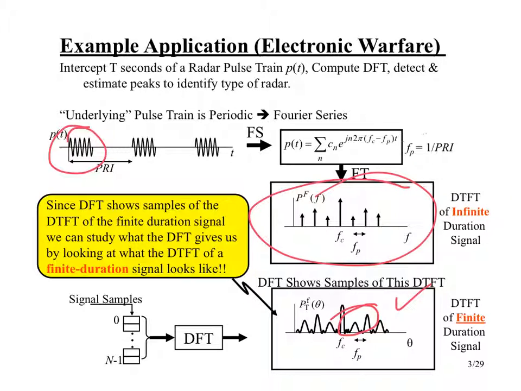We might be able to identify it as a particular type of radar by looking at the relative heights of those things. Aside from the specifics of electronic warfare, this is an interesting problem: how do we process all of this to see the best version that we can, knowing that it's going to be smeared. So let's look at some of the details.